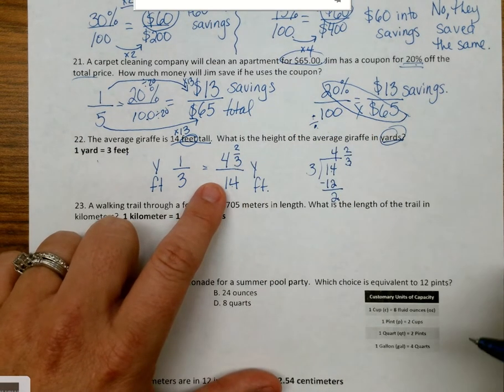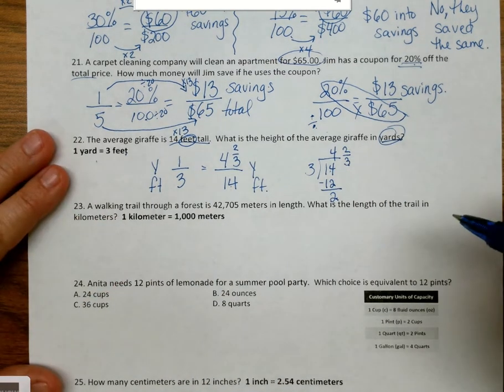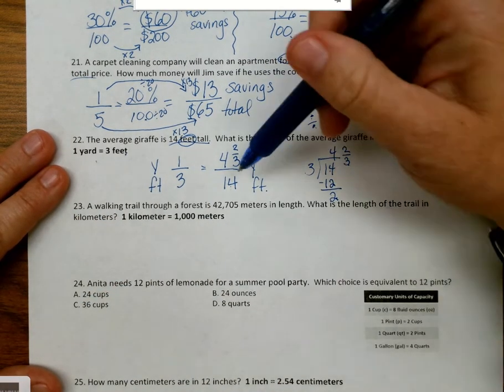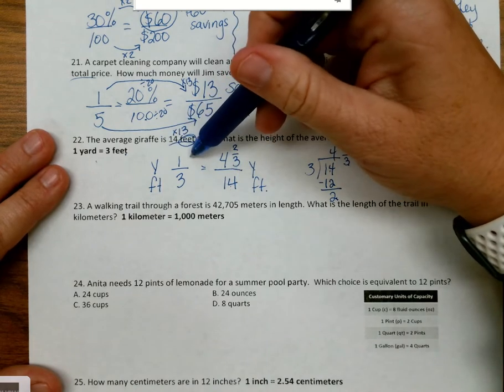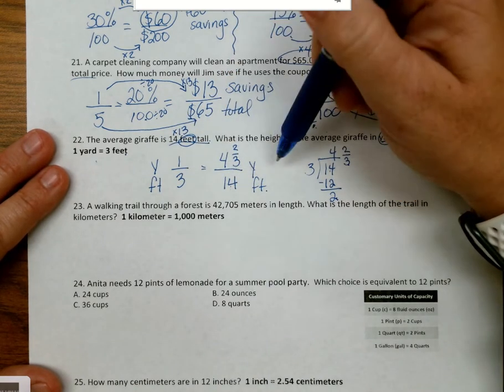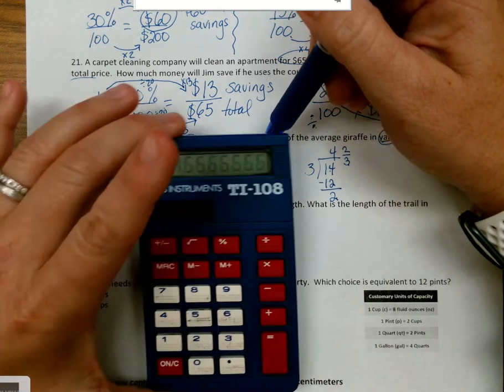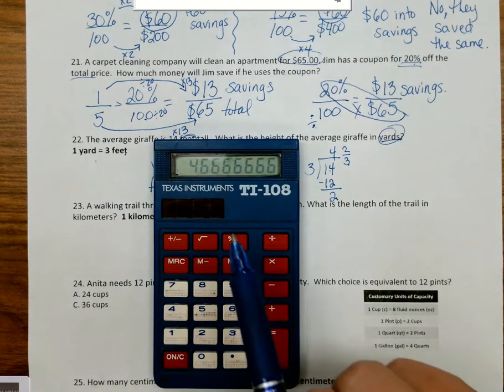The reason why I kept this one as a fraction is because if you were to do this as a division problem, 14 divided by 3, when you do that on a calculator, I'm going to show you right here, you end up with 4.666666, right?